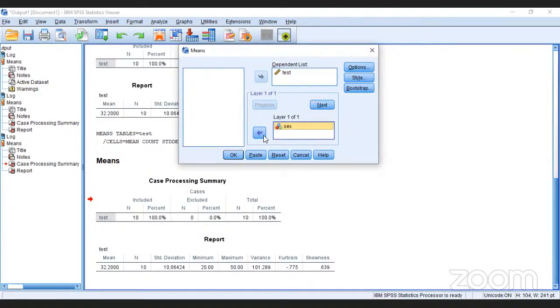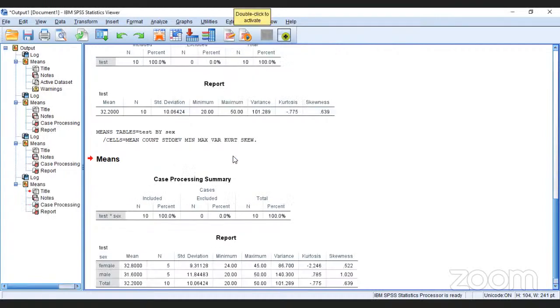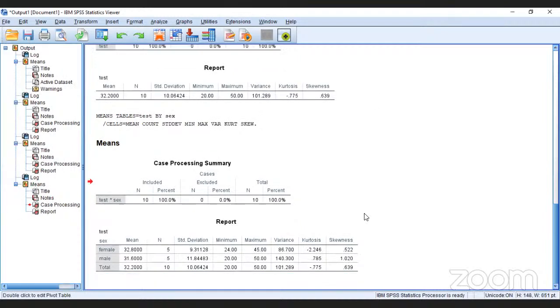So I am writing here sex, then okay. So now I get this data. It is visible to all of you. So female data and male data. Yes, sir. Male is 31.6 and female is 32.80.